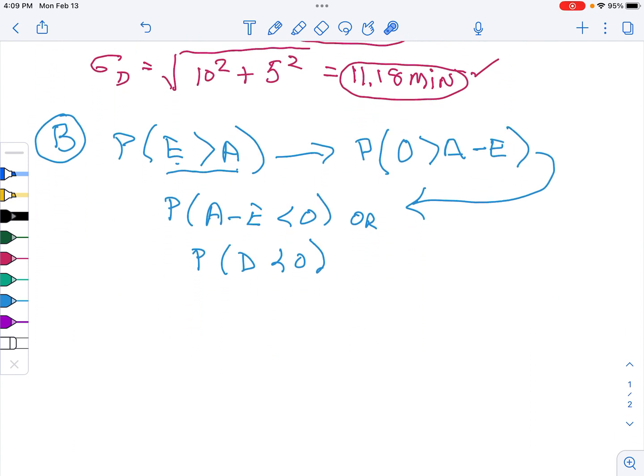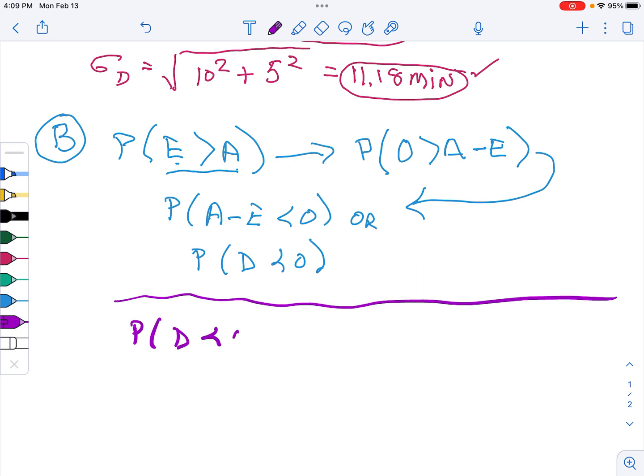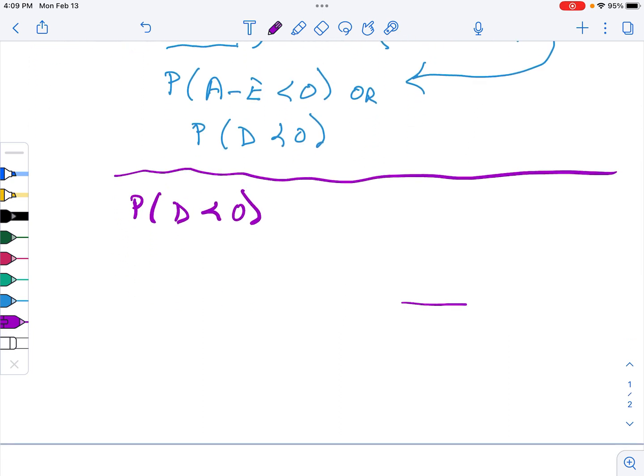So that worked out there. We want the probability that the difference is less than 0. And we're going to draw our normal graph.